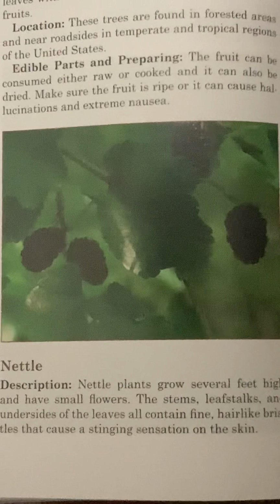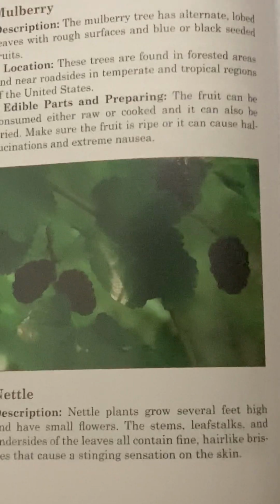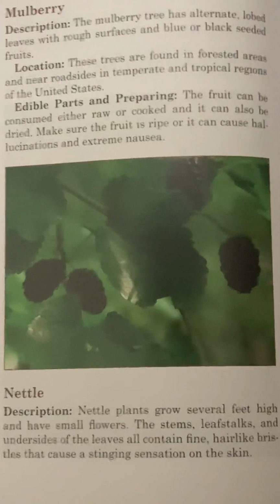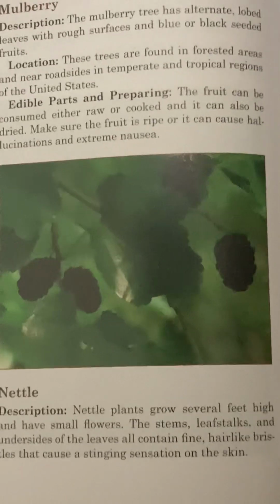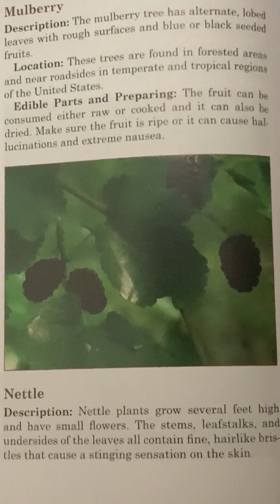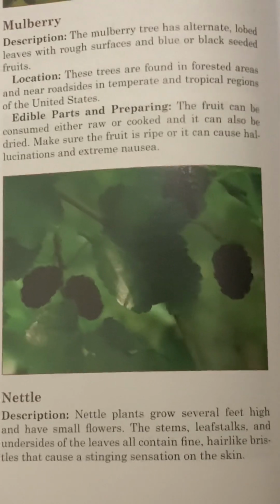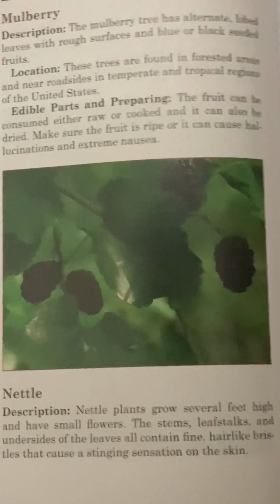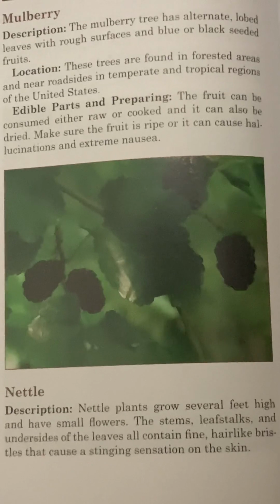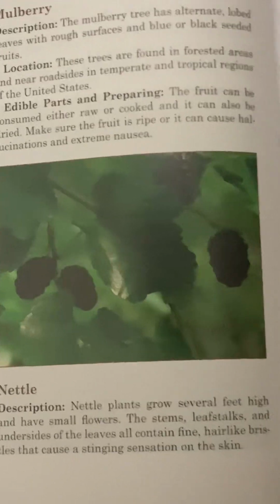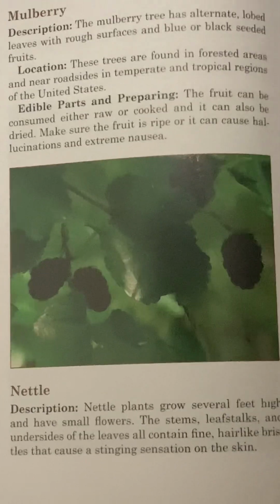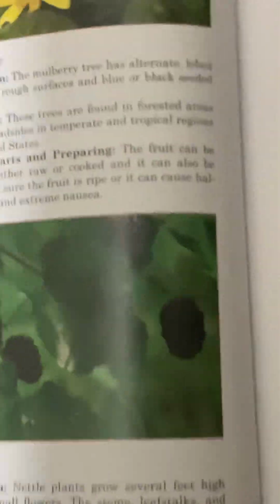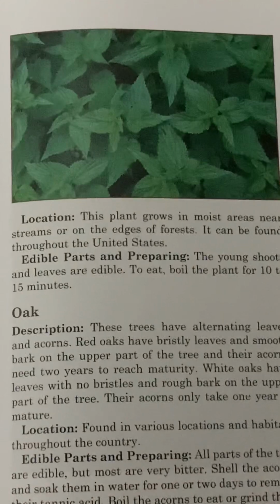Nettle. Nettle plants grow several feet high and have small flowers. The stems, leaf stalks, and undersides of the leaves all contain fine, hair-like bristles that cause a stinging sensation on the skin. Location.